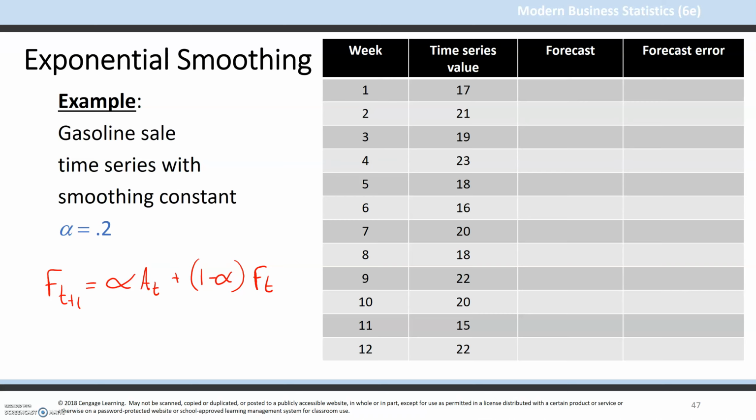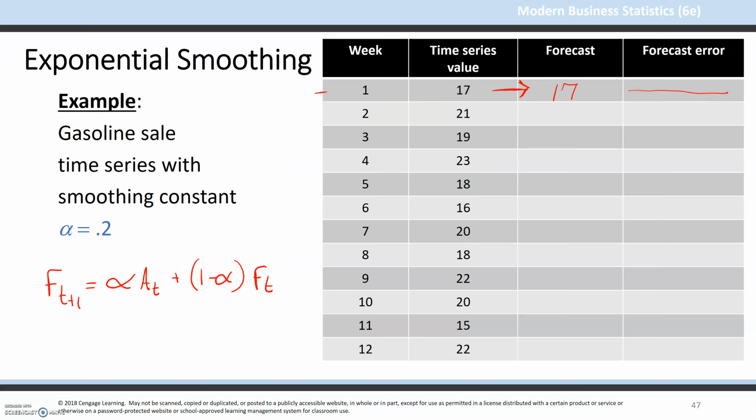Starting an exponential smoothing problem is a little different than starting other problems, because you don't have a time period prior to the first time period, so you can't work this equation for the first time period. So typically how you would start an exponential smoothing is you take your actual and you carry that over and also make that your forecast. Because this is not a real forecast, you're not going to have a forecasting error.